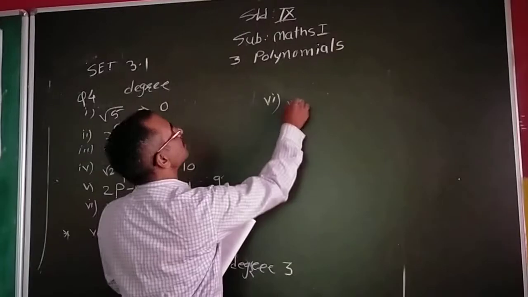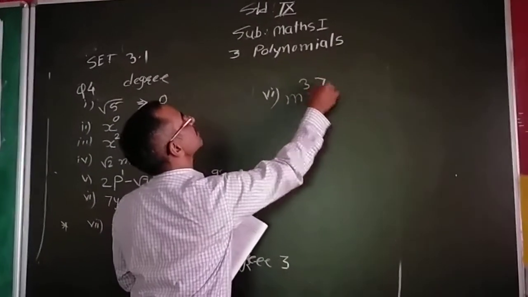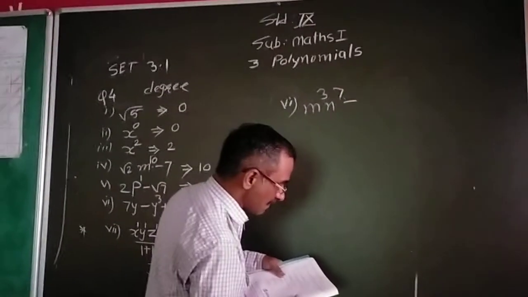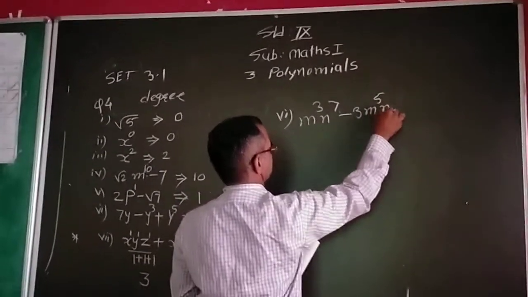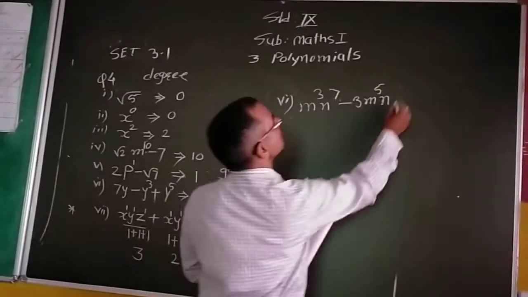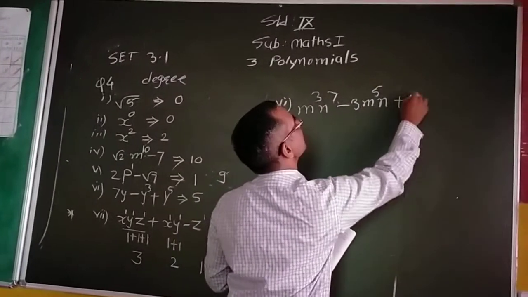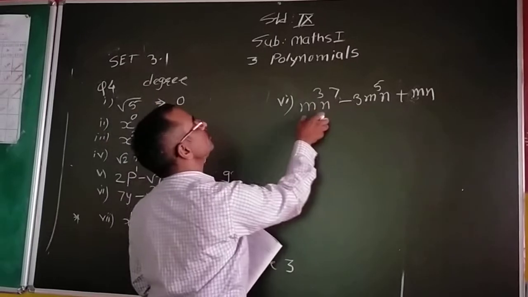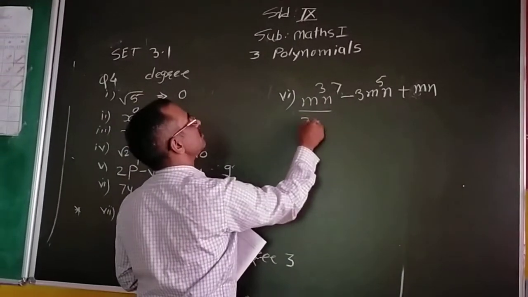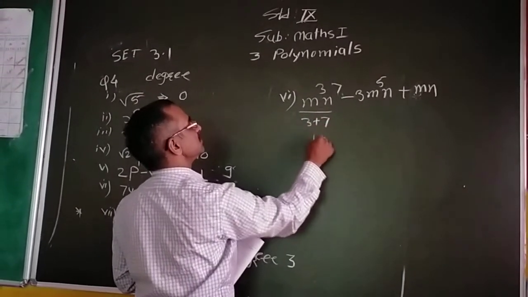Then sixth. m raised to 3, n raised to 7 minus 3m raised to 5 m plus mn. First we write the powers. There is a 3 and 7, 2 variables. We will take the sum of their powers. What is the sum? 10.